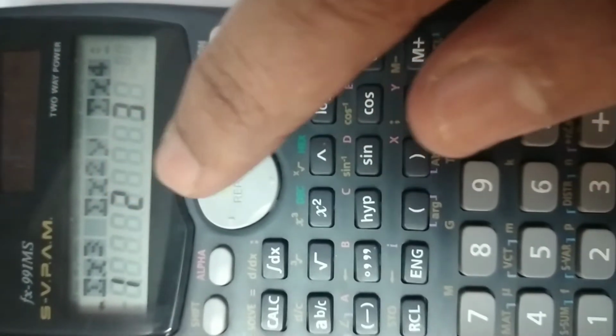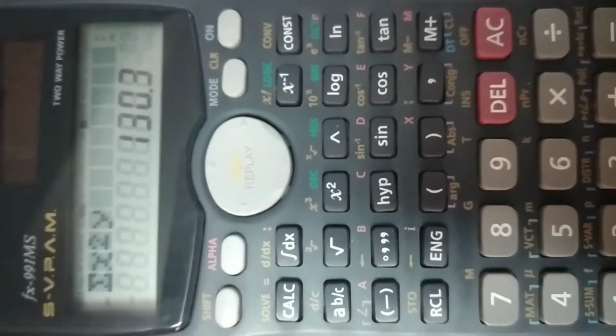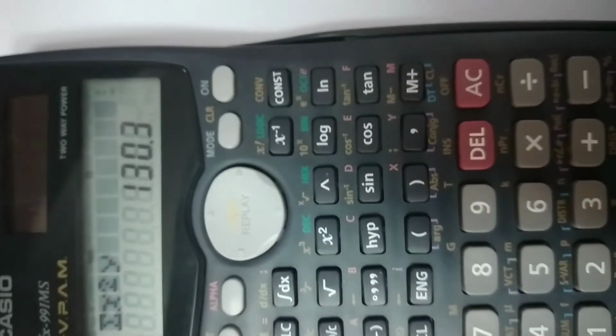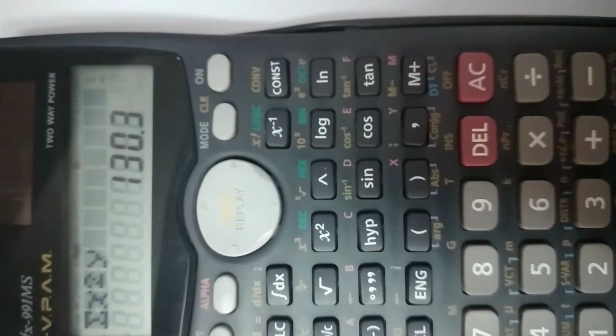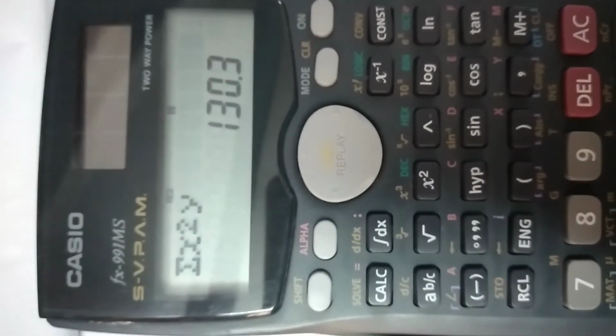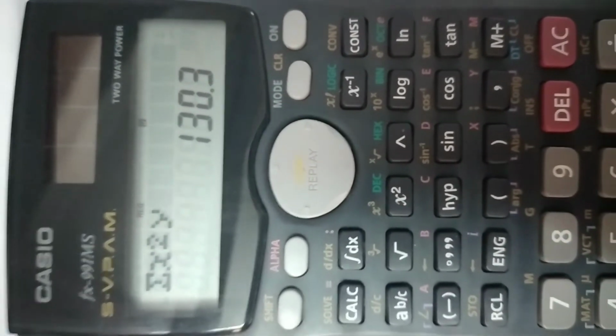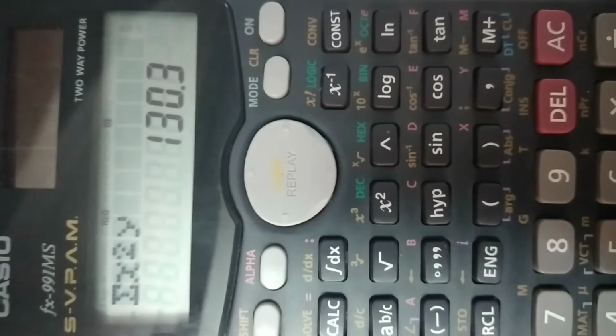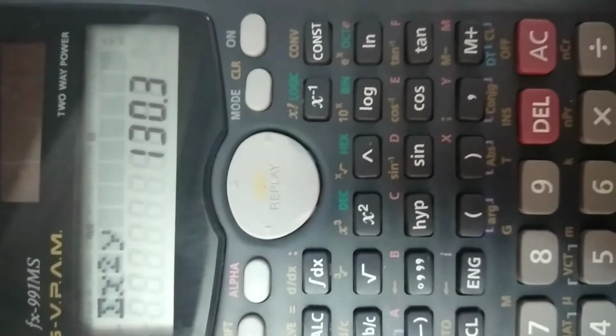For example, for summation x square y, go for 2 and is equal to, that is 130.3. Is it clear? Like that, you will get all the summation values: summation x square y, summation x square, summation x cube, summation x power 4, etc.